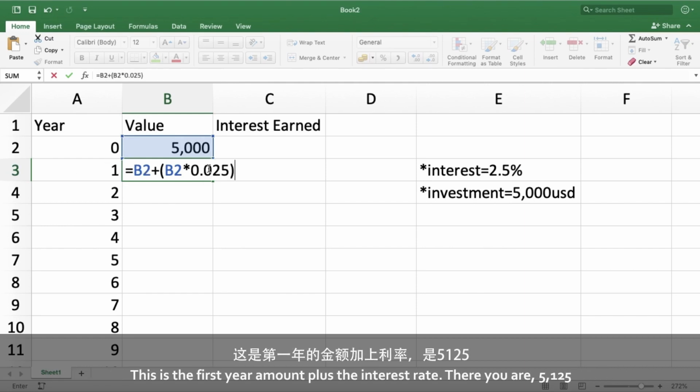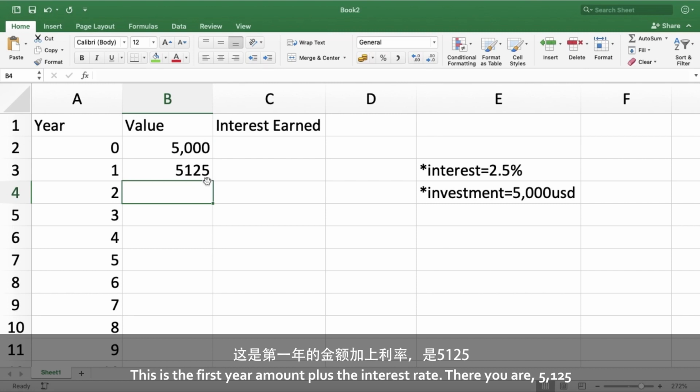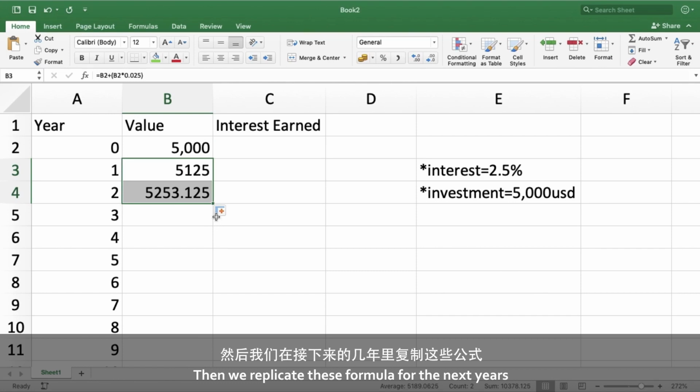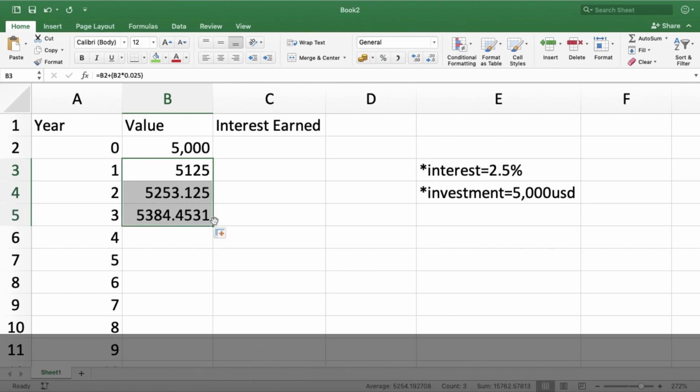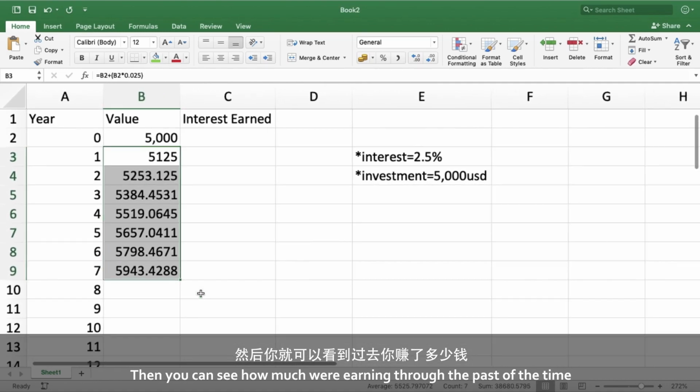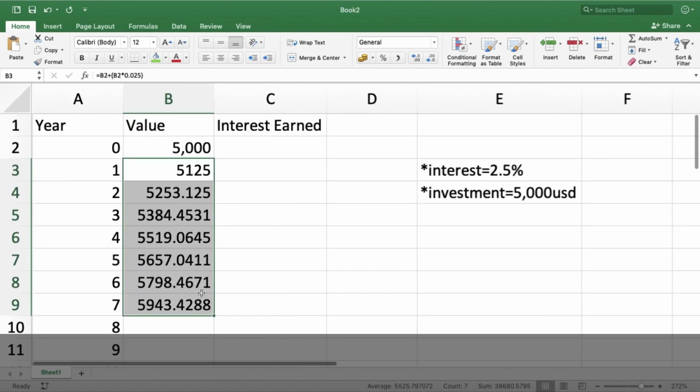Right? It's the first year amount plus the interest rate. There you are, 5,125. Then we replicate this formula for the next years. Then you can see how much we're earning through the passing of time.